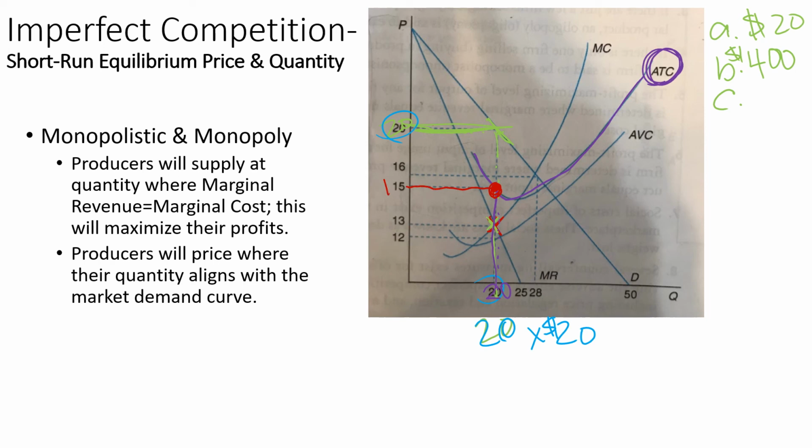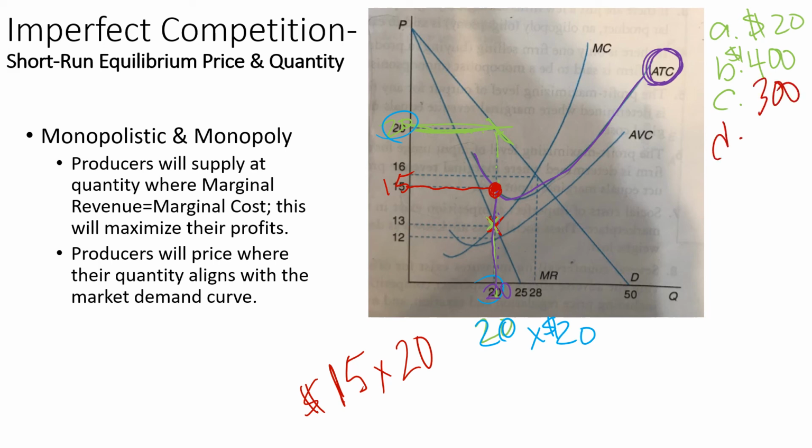So our average total cost is 15. It costs $15 to produce each unit, and we are producing 20 of them. So the total cost is going to be 15 times 20, which is $300.